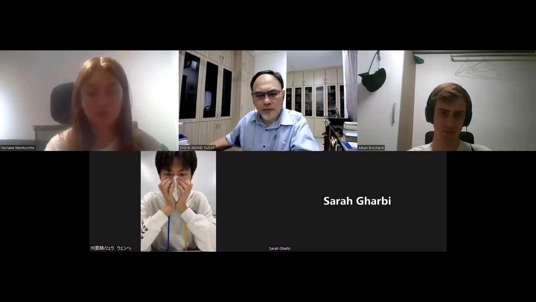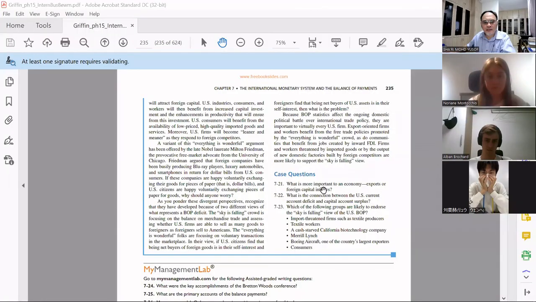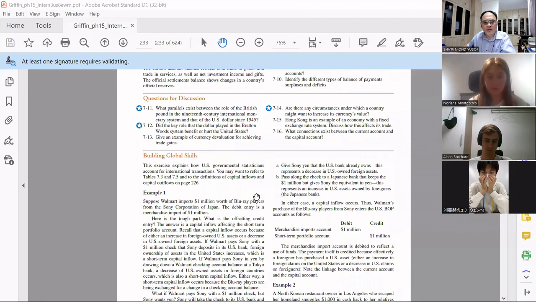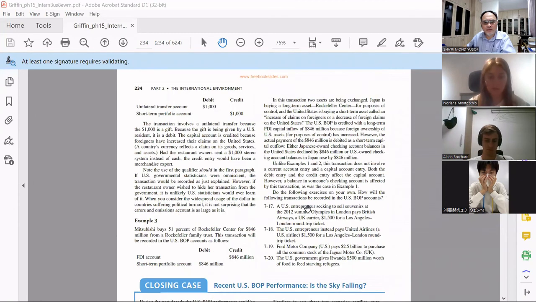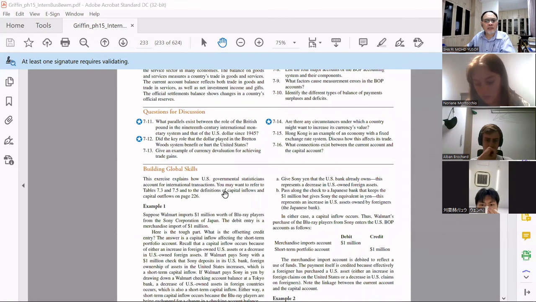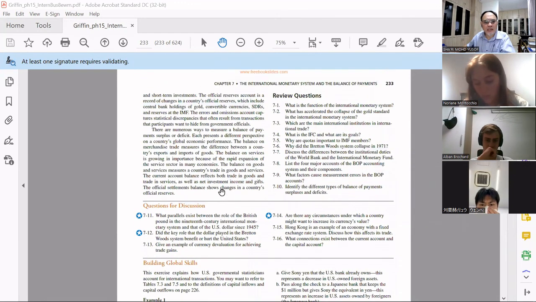There is an end-of-chapter exercise. It asks you what kind of transaction you are going to record for these four items. It's on page 233 of the book which I gave to you.